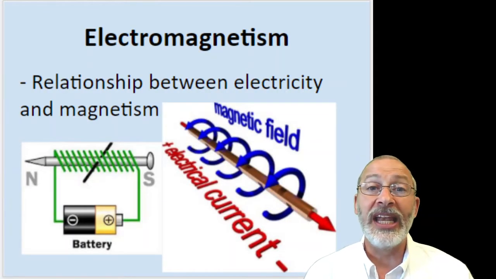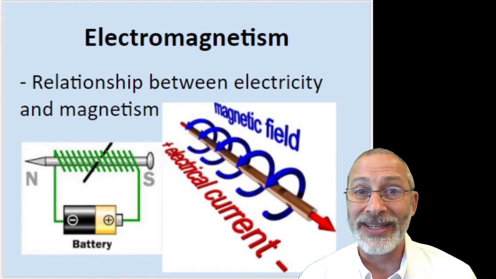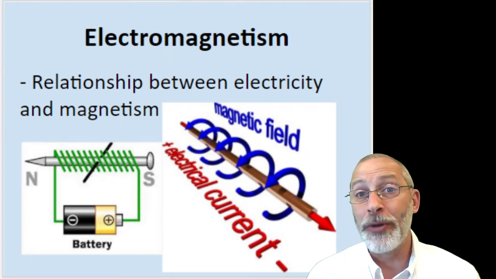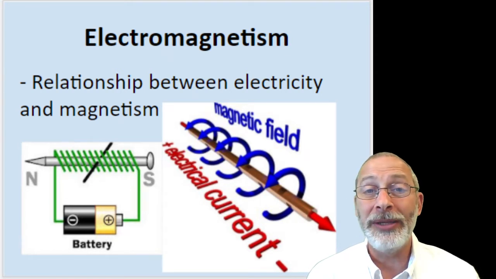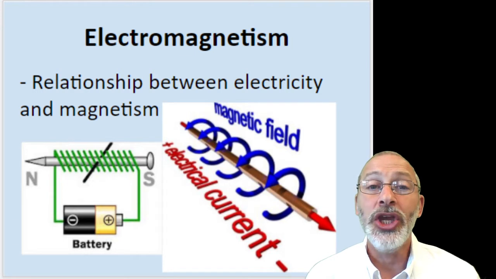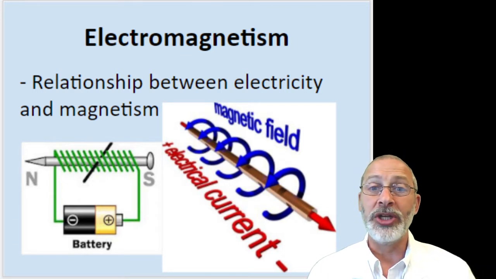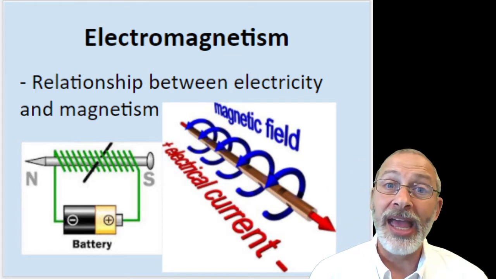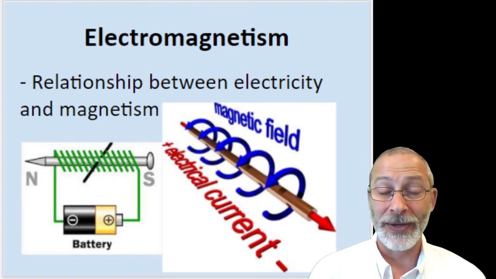What is electromagnetism? Very simply put, it's the combination of two words. And so electromagnetism can broadly be described as the relationship between, you guessed it, electricity and magnetism.